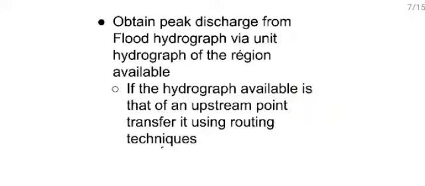Next is the direct method. Though it takes some time, it is the most reliable and accurate method of finding peak discharge. So what we are doing is, from the meteorological department we can get the unit hydrograph, which is a characteristic of the catchment.